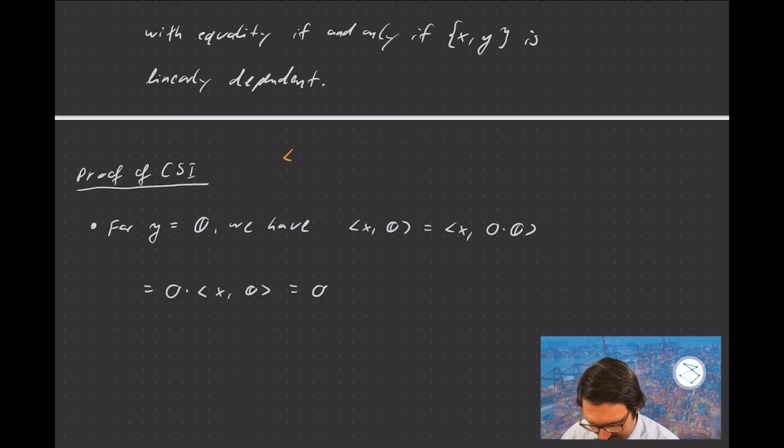Let me just write down the inequality once again so that you can see what we're working with here. Okay, so for that case, this is 0. And of course, the norm of y is also 0. So the right-hand side also becomes 0.